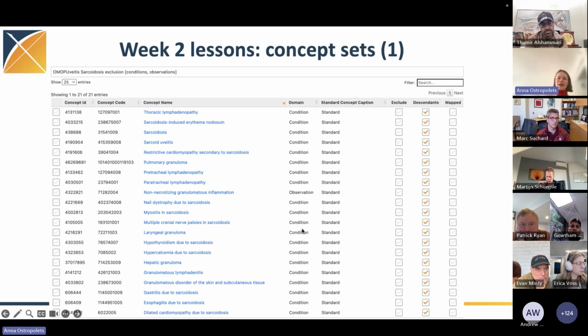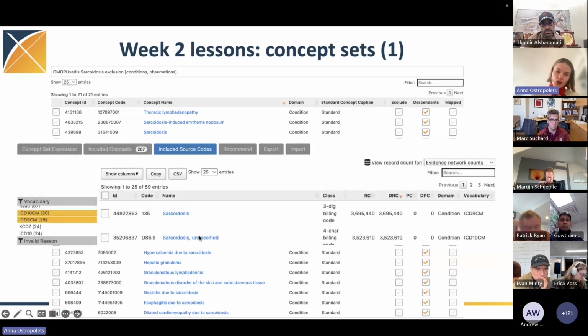They went ahead and they've done a wonderful job with looking through the relevant terms, looking through the included concepts, and they expanded their concept set to now 21 concepts with the descendants of various degrees of granularity, from the third term sarcoidosis all the way down to more detailed terms like dilated cardiomyopathy due to sarcoidosis.